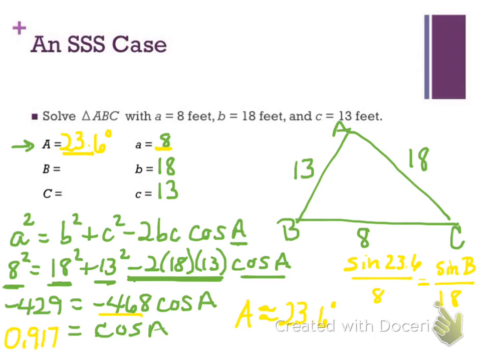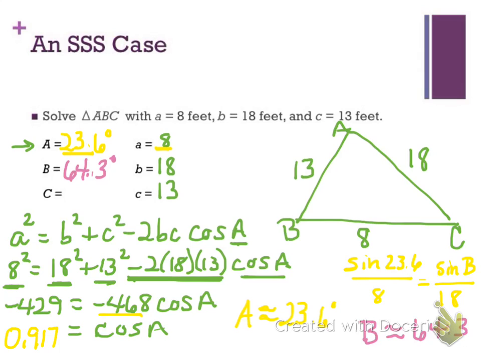And so when we work that all out, we can end up with angle B being approximately equal to 64.3. So that's my angle B here.